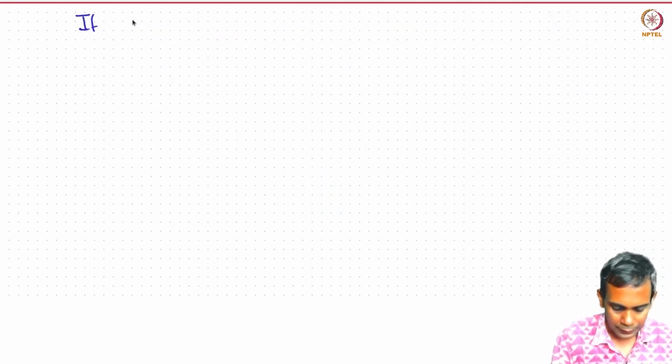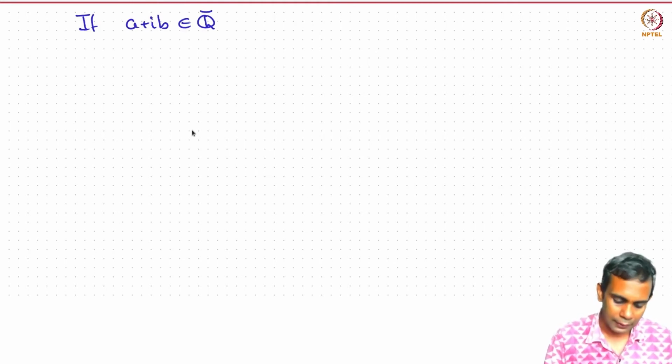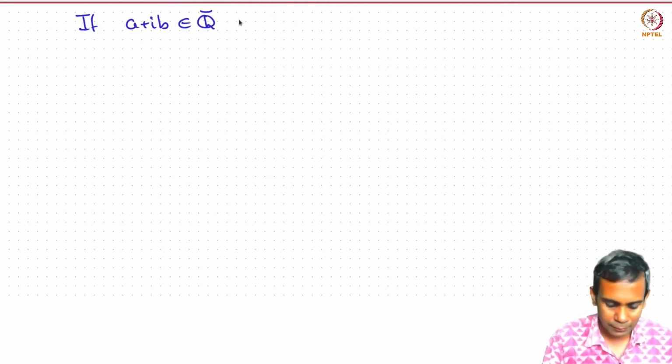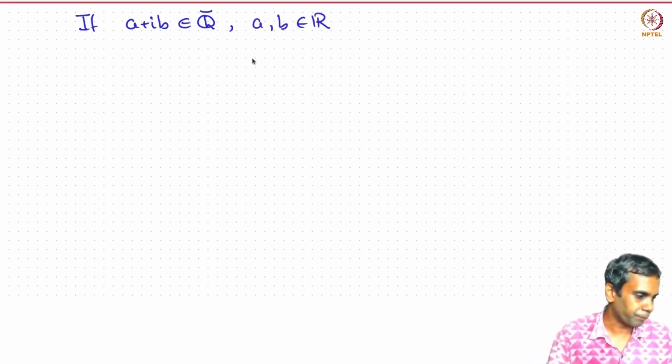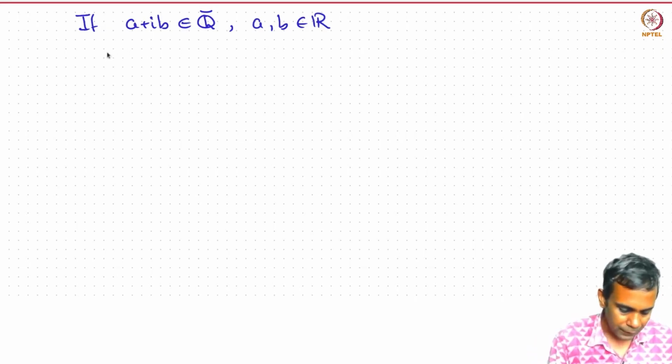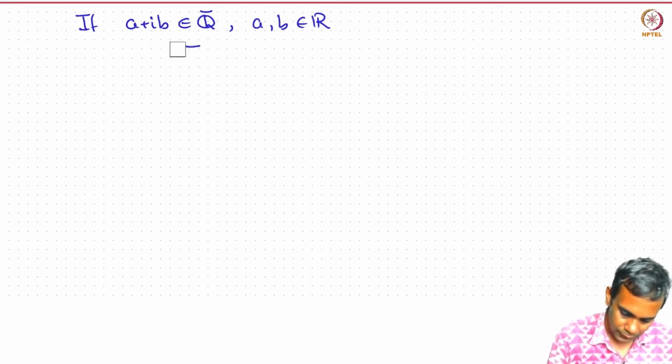Now, if A plus iB belongs to Q bar, we want to show that A and B, where A and B are real numbers, lie in Q bar R. No, let's not do it like that.